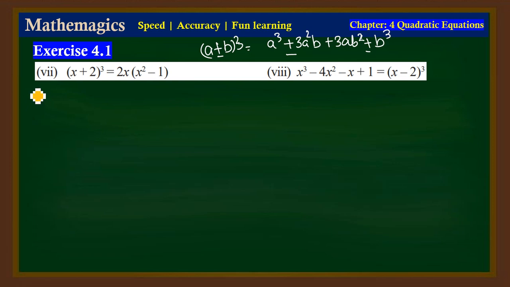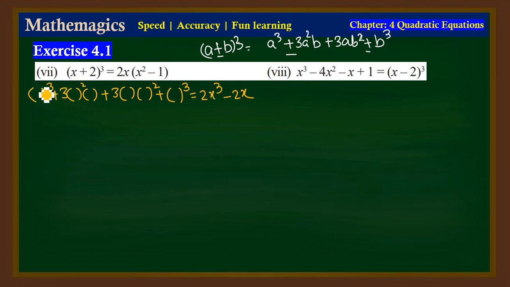So according to the condition, a cube plus 3a square b plus 3ab square plus b cube, and the right hand side is 2x into x square, which becomes 2x cube, minus 2x into minus 1, which becomes minus 2x.